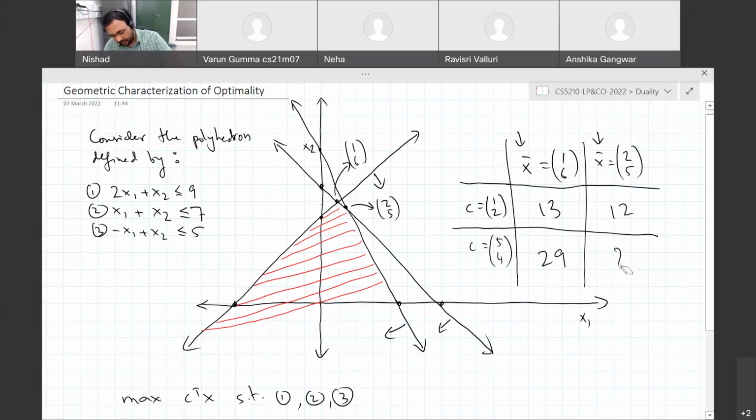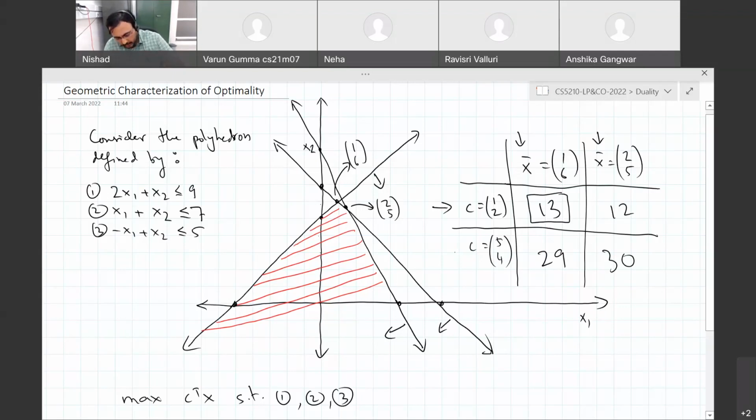Right. Exactly. Thank you. So observe that, and we know by our discussion about the simplex method and everything, that for whatever objective function you choose, some extreme point will actually be an optimal solution, because simplex always finds basic feasible solutions, which are also extreme points, as you should know by now by our assignment 2, right? So in particular, for this choice of the objective function, x bar equal to 1, 6 is actually an optimal solution.